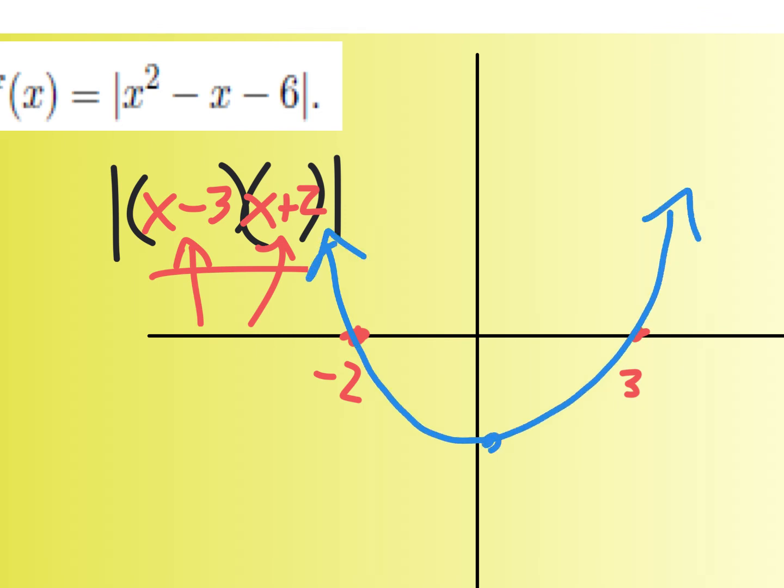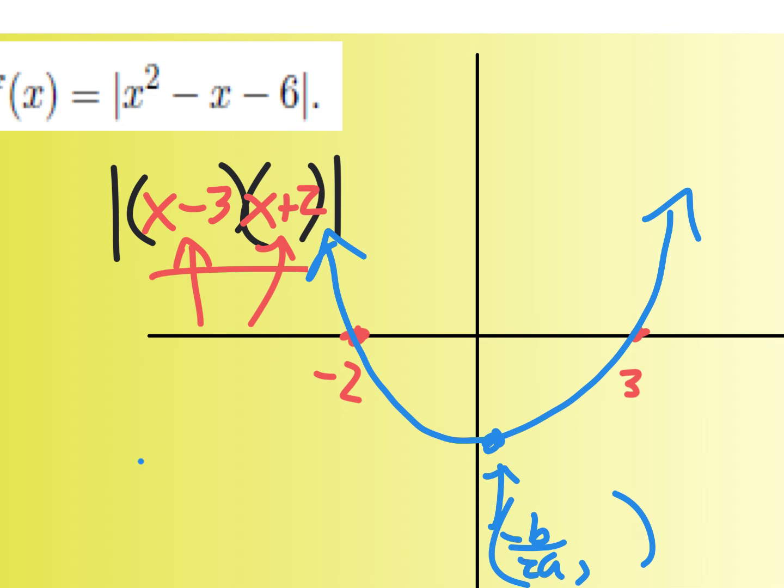And what would its vertex have been? Negative b over 2a. You could have figured that out. This spot right here would be negative b over 2a, comma, whatever you get when you stick that in the function. F of that. So you could have figured that out, and I believe it would have been at 1 comma something. Yes?